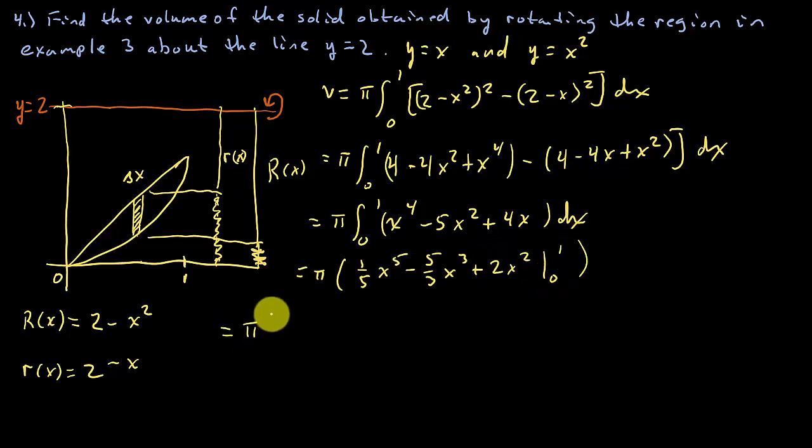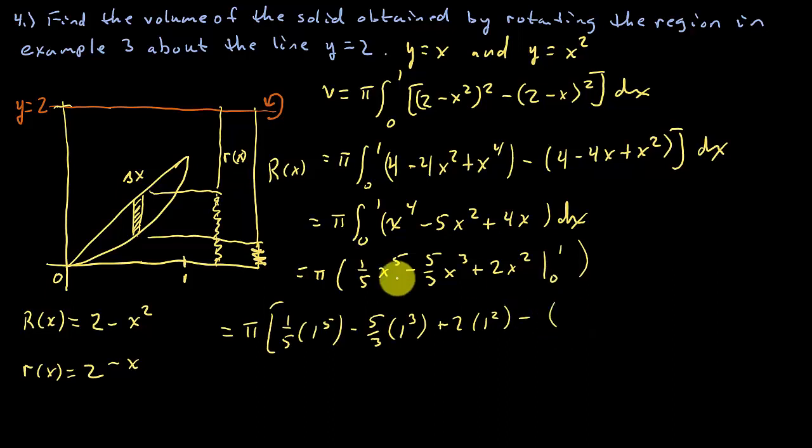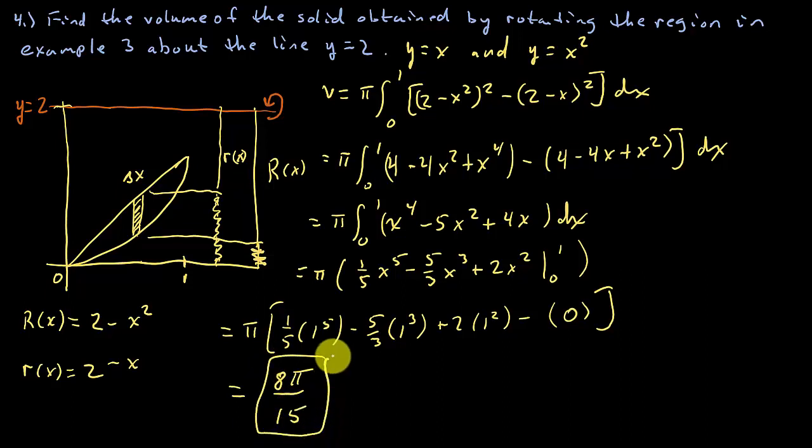And so this is going to be pi times 1/5 times 1 to the 5th minus 5/3 times 1 cubed plus 2 times 1 squared, and then minus, and then I plug the 0 in, and when I plug the 0 in, that's just going to give me a 0. And then once we do the arithmetic here, that gives me 8 pi over 15. And there's your answer.